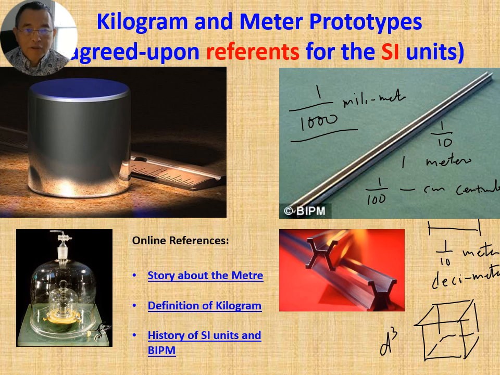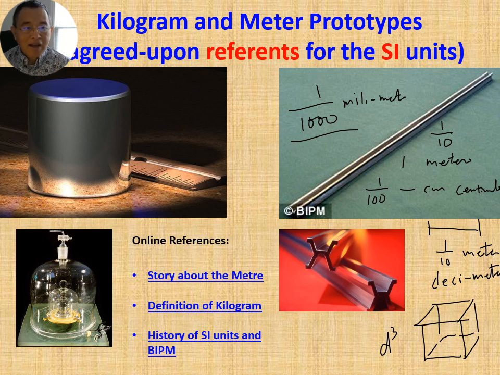First, for length, you will have the meter, the International Meter Stick, which is kept in the Bureau of International Standards, whatever it is called. And I challenge you to find out what BIPM stands for. So that's the meter.